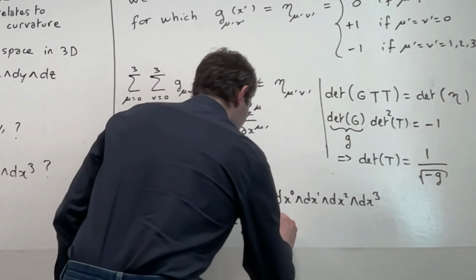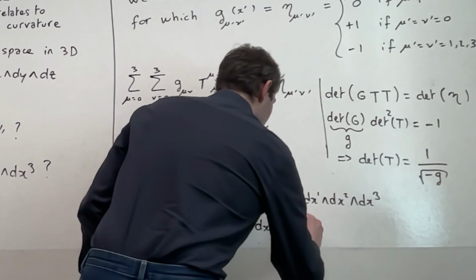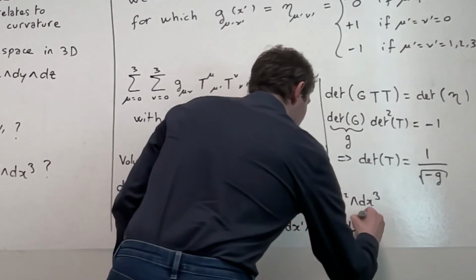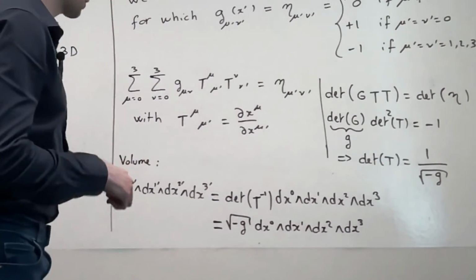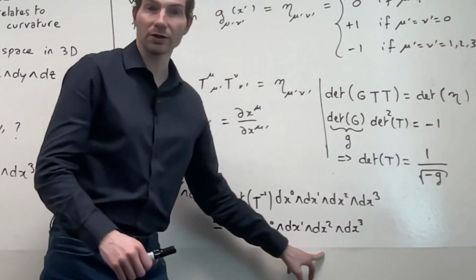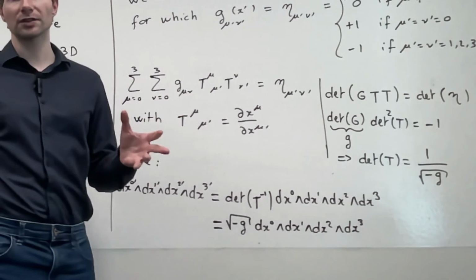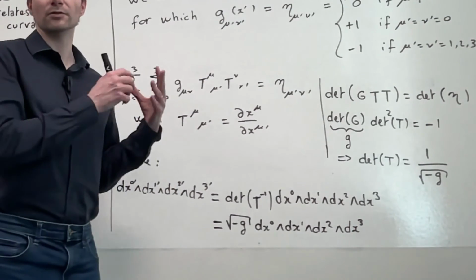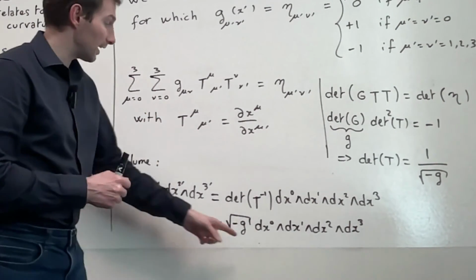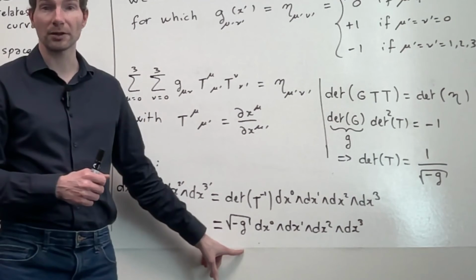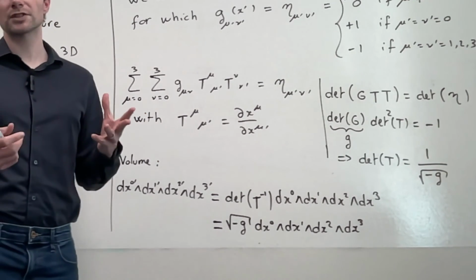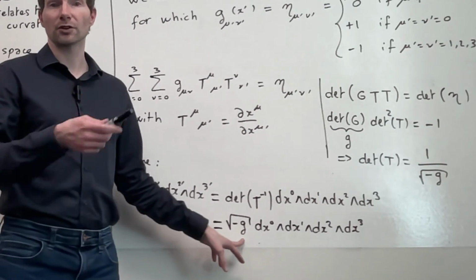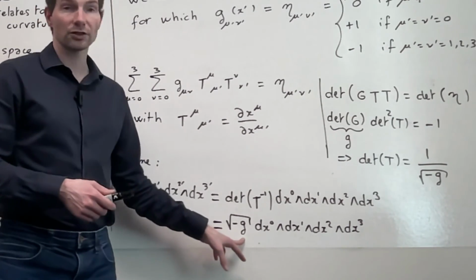and then dx0, dx1, dx2, dx3. And the reason why this is nice is because this is in any arbitrary coordinate system. I can actually write the volume form, and this is the part that comes from the curvature. Now, if you are in Minkowski spacetime, then G, as we've said, is the determinant of the corresponding metric, and so you're going to get minus 1.